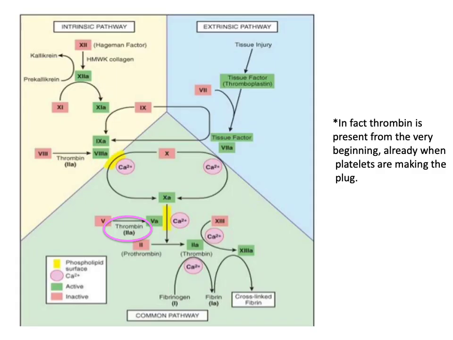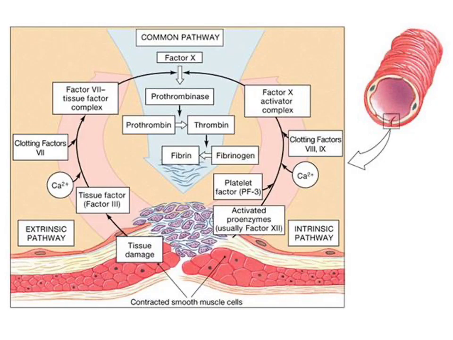But in fact, thrombin is already present from the very beginning when the platelets are making the plaque. So it should be depicted more in this cycle rather than a Y-shaped cascade.